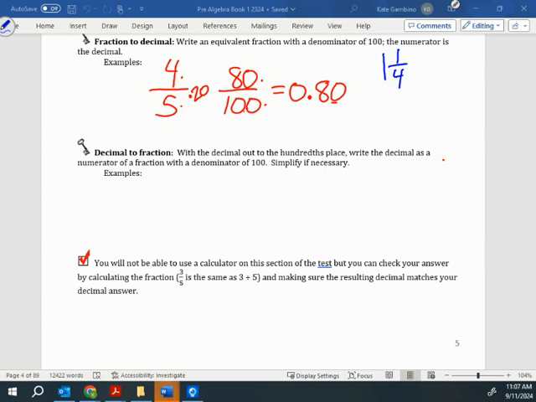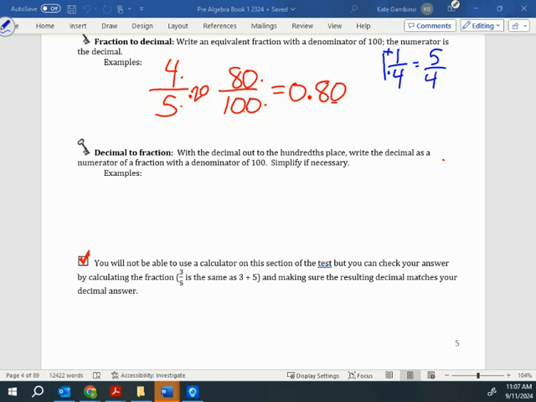I need to take that mixed number, turn it into an improper fraction. What would 1 1/4 be as an improper fraction, Beckett? 5/4, because remember I take my denominator, multiply by the whole number. 4 times 1 is 4. And then I add that numerator, 4 plus 1 equals 5/4.